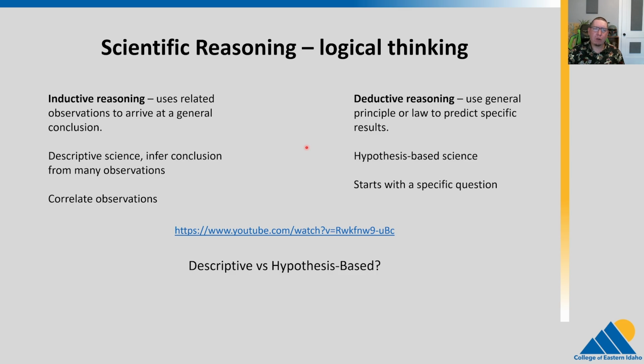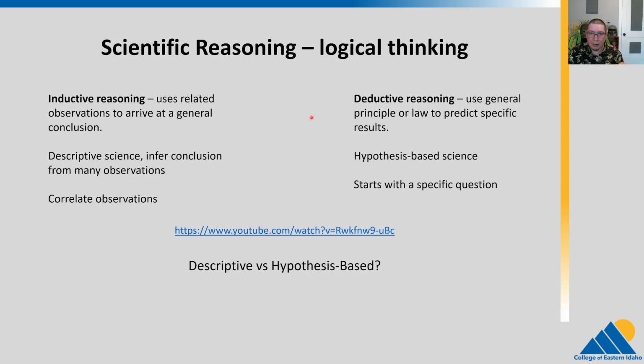But we have two different types of reasoning here. We have what's called inductive reasoning and deductive reasoning. And these differ slightly. So let's talk about inductive reasoning. This uses related observations to arrive at a general conclusion. So you're observing something and then drawing a conclusion from what you observed.